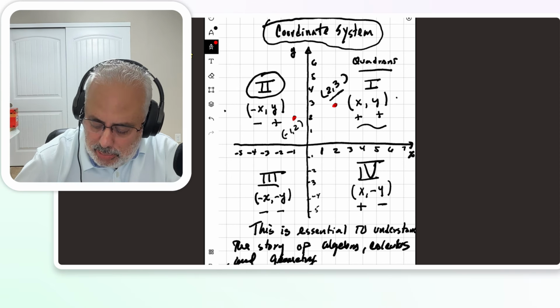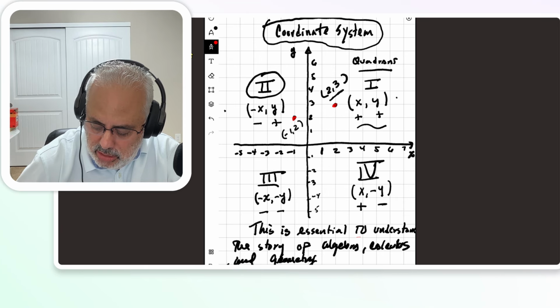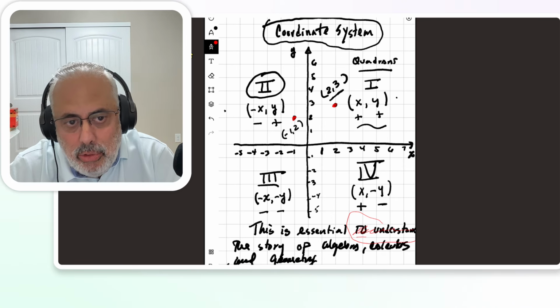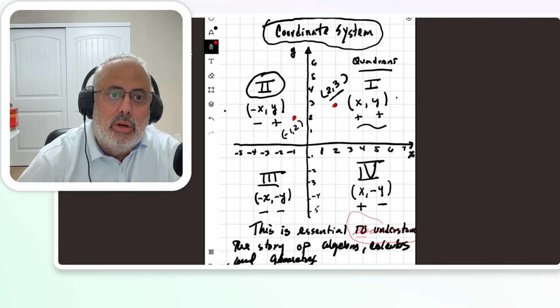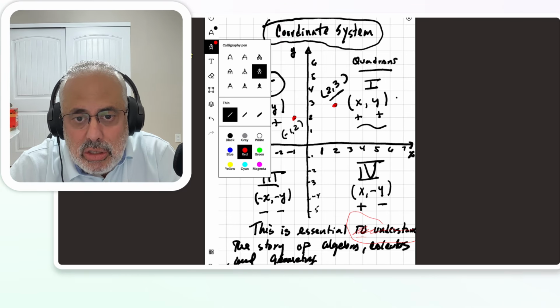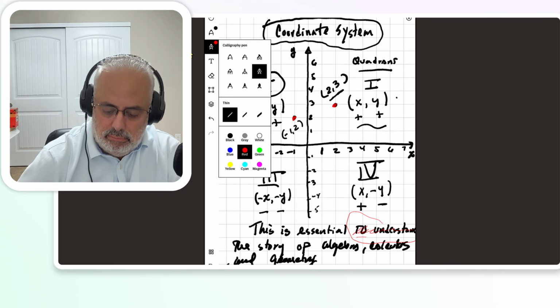Because this is essential. I put it right here. This is essential to understand calculus, to understand function behavior. It's really essential to understand the rest, even trigonometry.